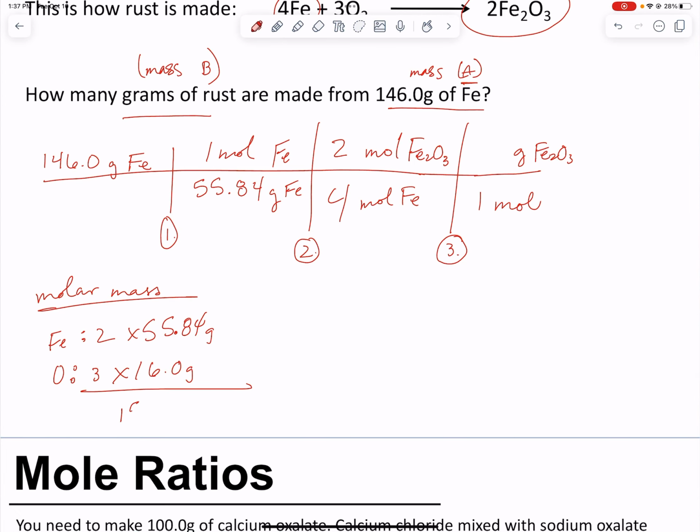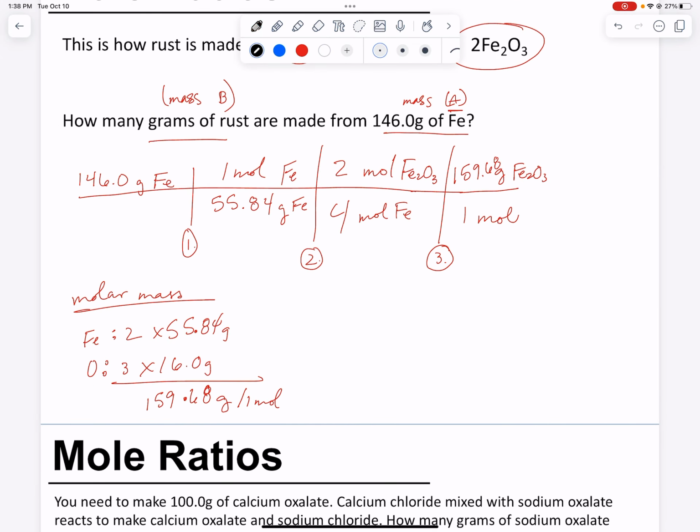Should be 159.68 grams for every 1 mole. So we've got the 1 mole part, and then I'll plug in the 159.68 grams of iron oxide. I didn't leave much space. So again, double check all your units cancel the right way.